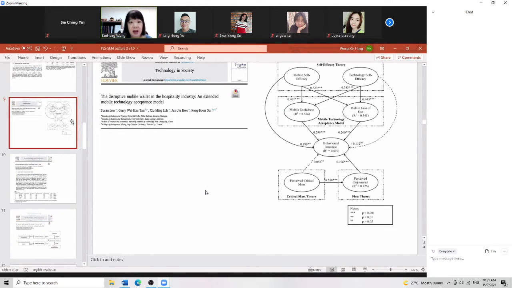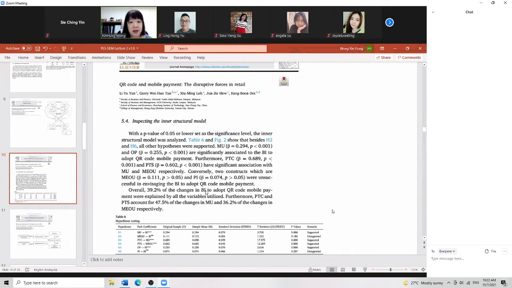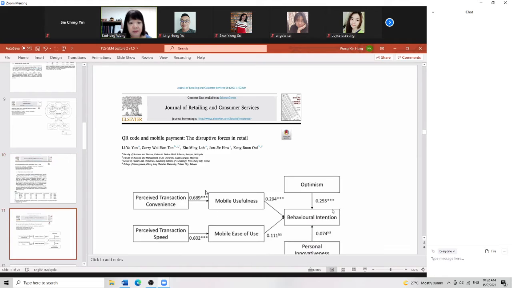All right, so these are examples of models that we use from Smart PLS.